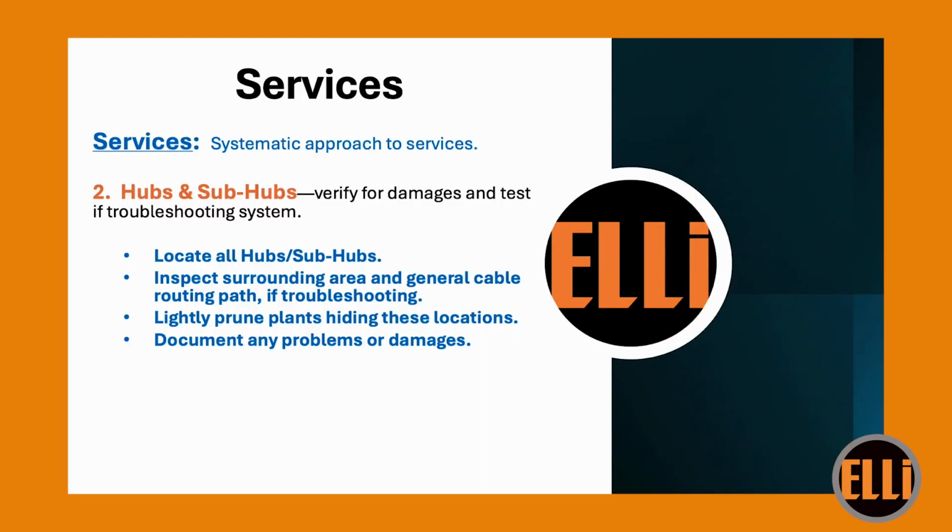So we're still in services. We're now at number 2. We started with number 1, which was transformers. Number 2, now we're going to go down line from the transformer. So the first element that we're going to come to in the cable distribution system is your hubs and/or sub-hubs.